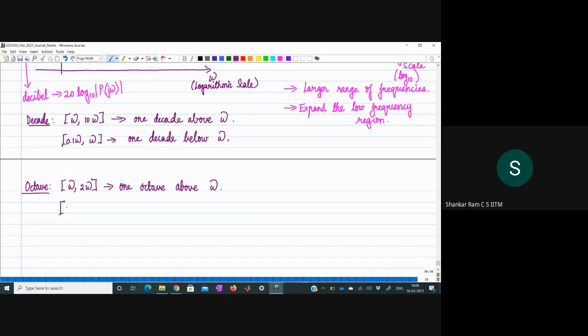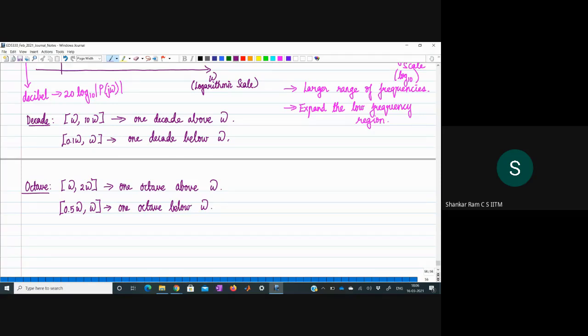Similarly, going from half the frequency to that frequency is going to be 1 octave below omega. Okay, so that's what is meant by a decade and an octave. Okay, so these are frequency ranges. All right.